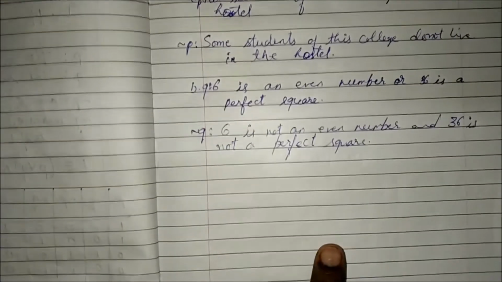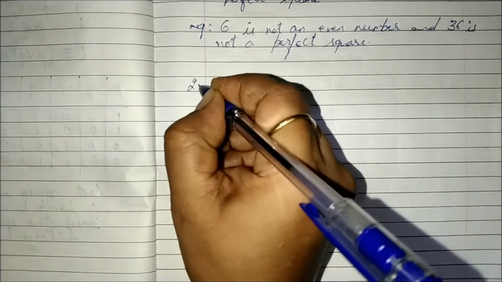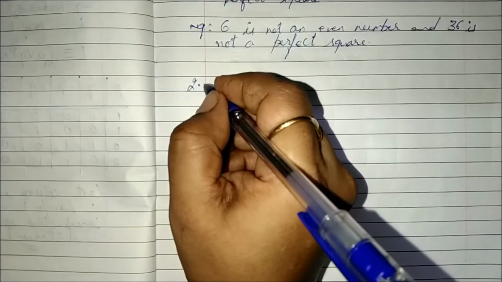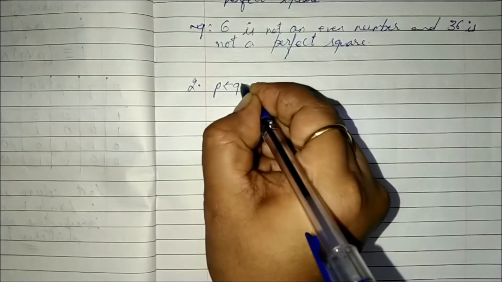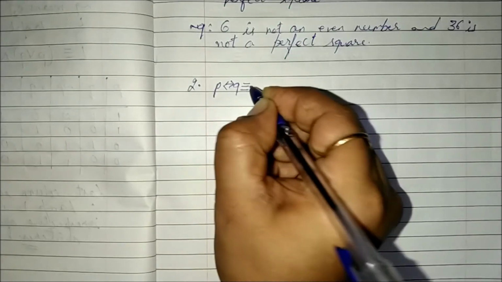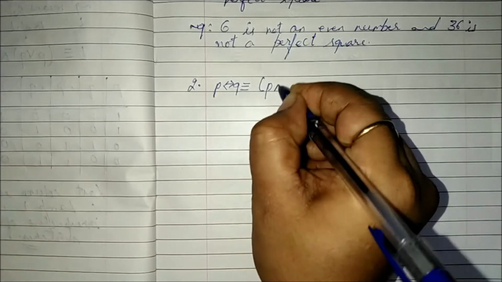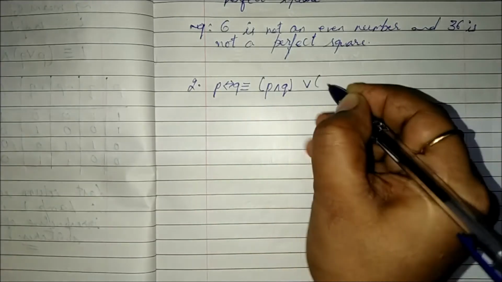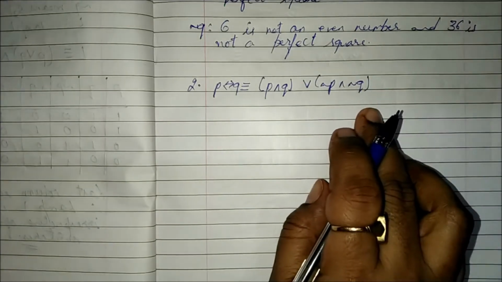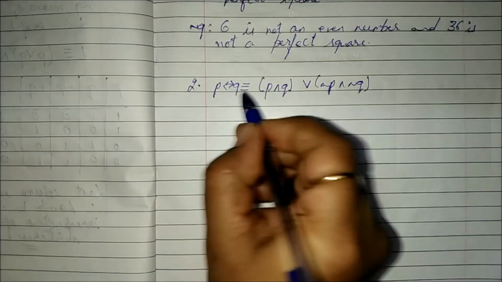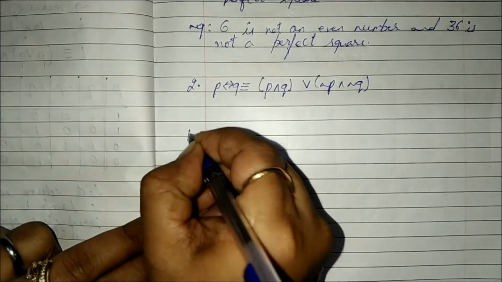Second question is, using the truth table we have to verify, prove the logical equivalence of this statement: P double implication Q is equivalent to P and Q, or not P and not Q. We have to show the logical equivalence between these statement patterns. Okay, now draw the table.